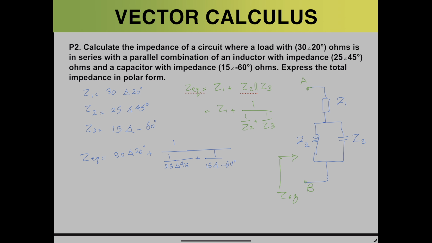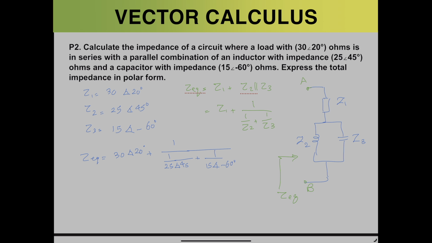Now, to simplify this denominator, it seems to be not quite easy in polar form. So it would be better to convert them all into rectangular forms so that our calculation would be easy. Similarly, for this one, we can convert them all into rectangular form because summation and subtraction is easy in rectangular form.